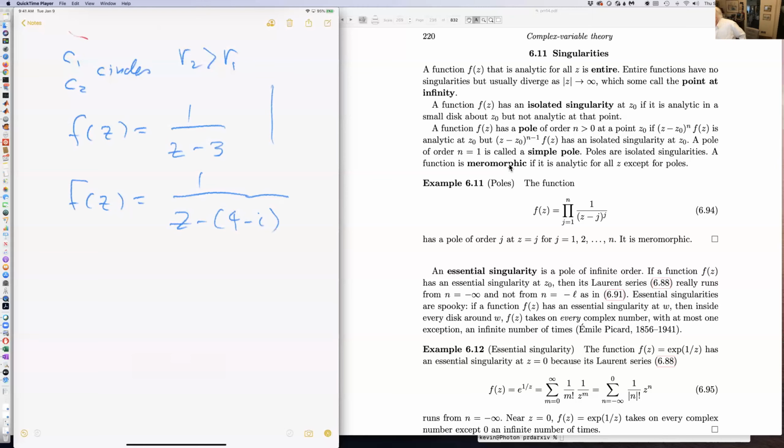And so here we would say we have a pole at 3. Here we would say we have a pole at 4 minus i. Now here's a function that's a product of a bunch of poles at different places, and we say that it has then simple poles at 1, 2, 3 up to n.